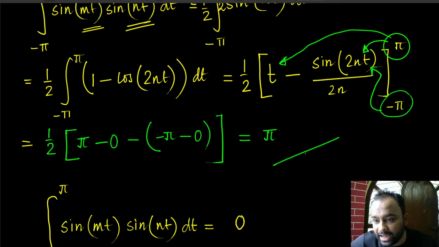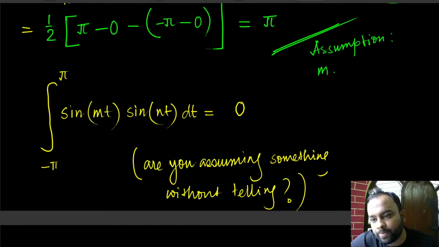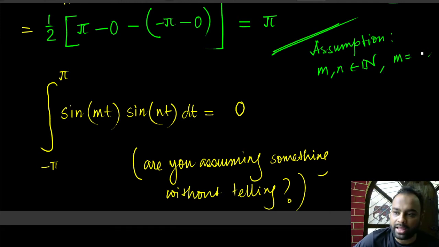So again here we had an assumption. What assumption did we have? We had the assumption that m and n are natural numbers and m equal to n. We did have this assumption.